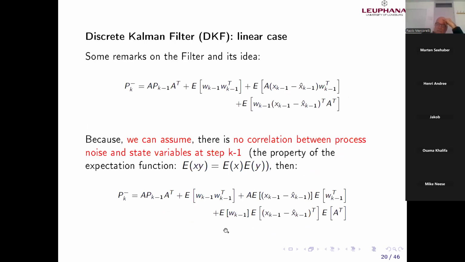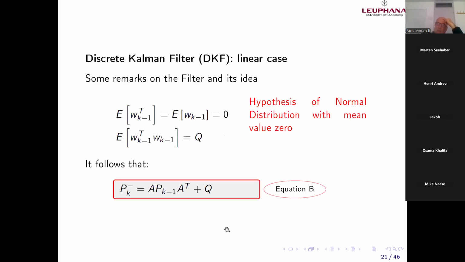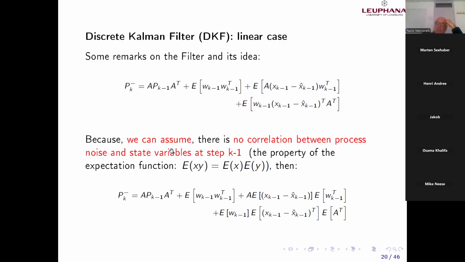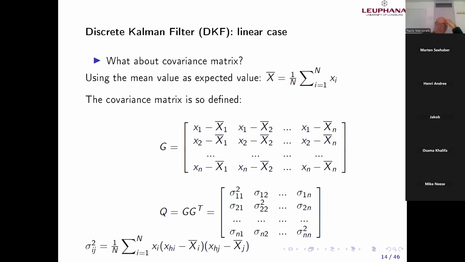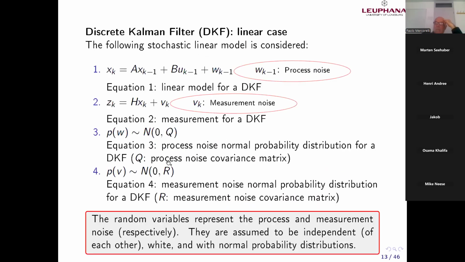It's the Q, we can see here, exactly what I told you at the beginning. It is the variance, or covariance in this sense, as here.